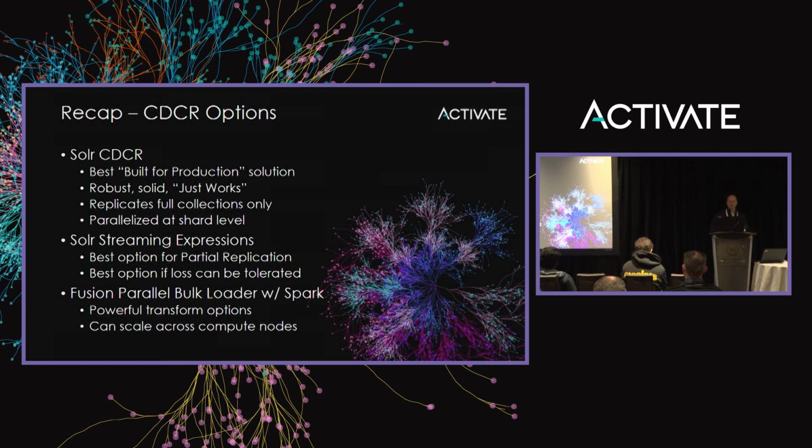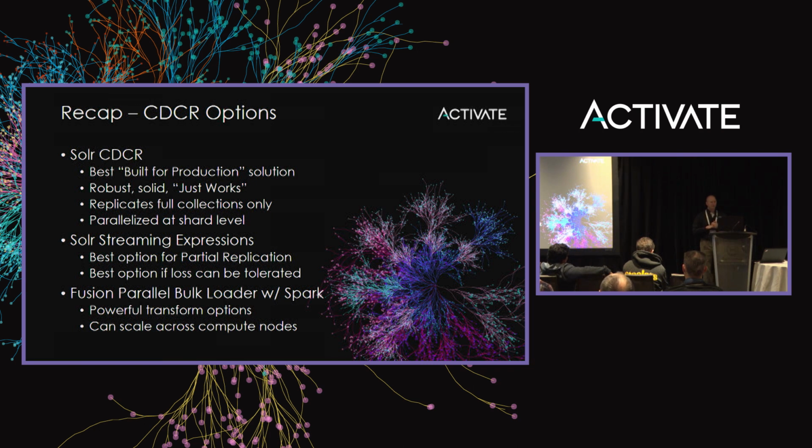Solr streaming expressions, if you're doing partial replication, or split or merge replication, and you can tolerate the possibility, it's remote, a very little sliver corner case, that there could be some loss, might be your answer.